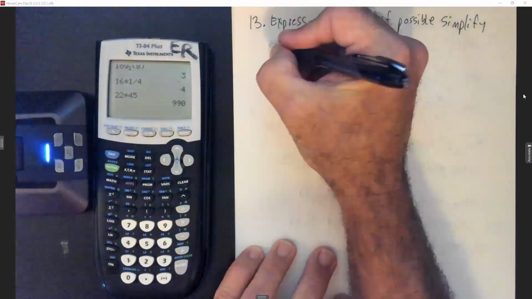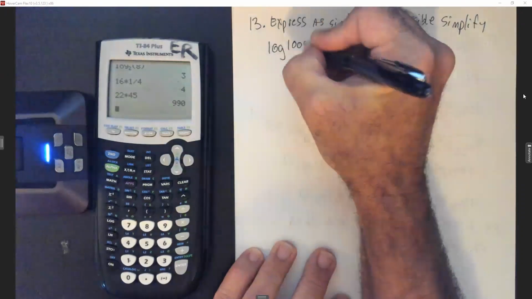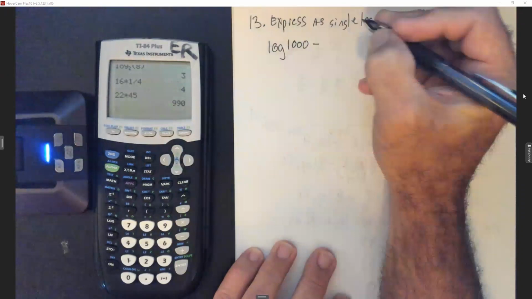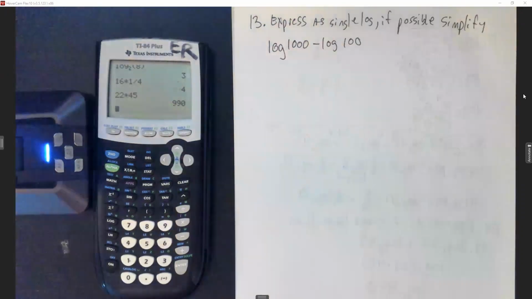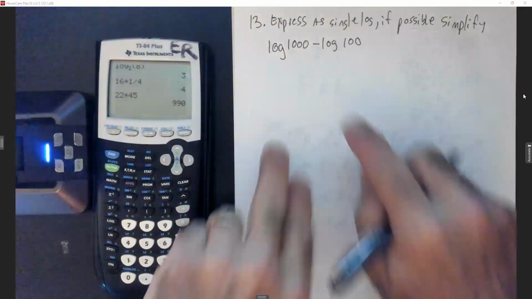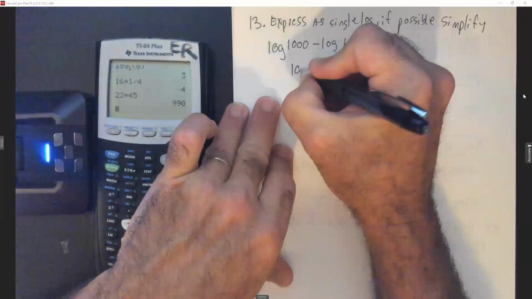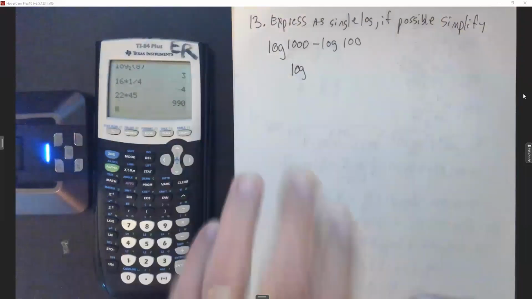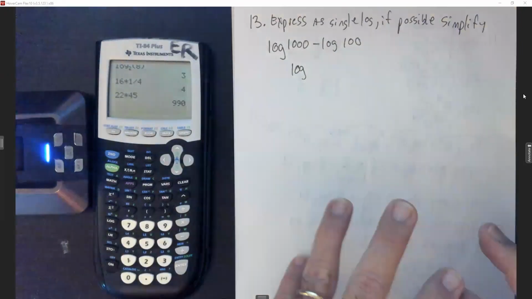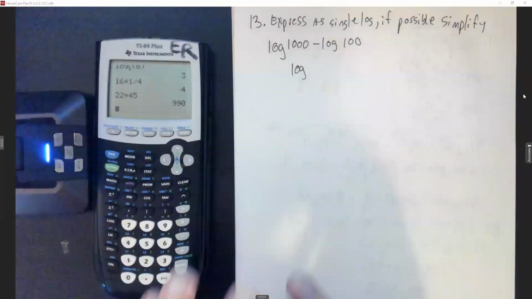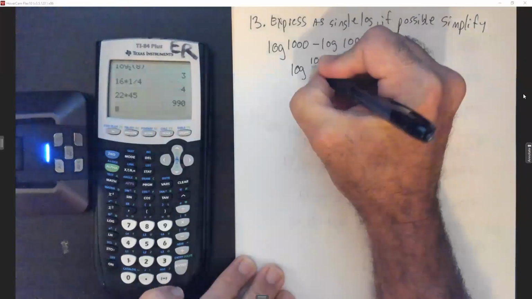We got a log of 1,000 minus a log of 100. So remember, since this is being subtracted, when you rewrite this, it's going to look like division. So addition rewrites as multiplication, subtraction rewrites as division, so that we get 1,000 divided by 100.